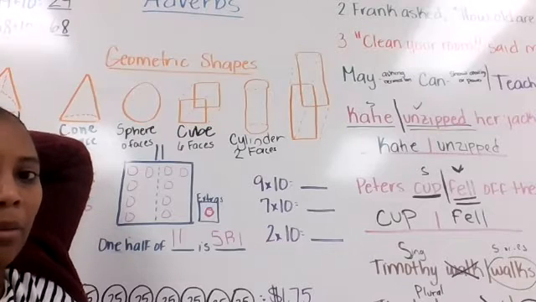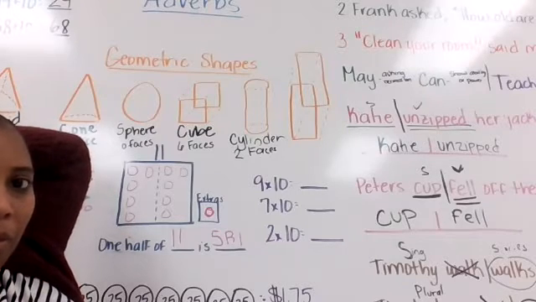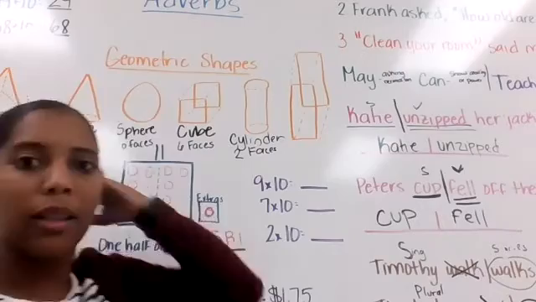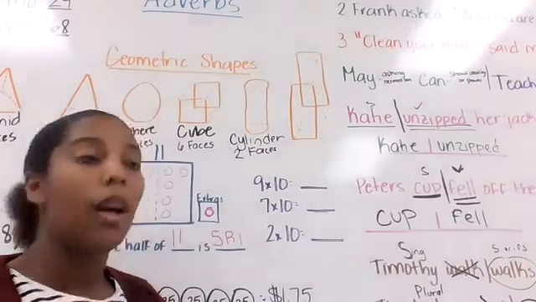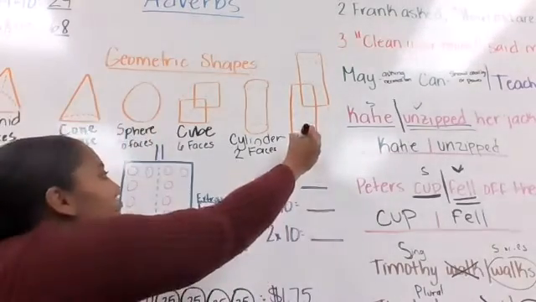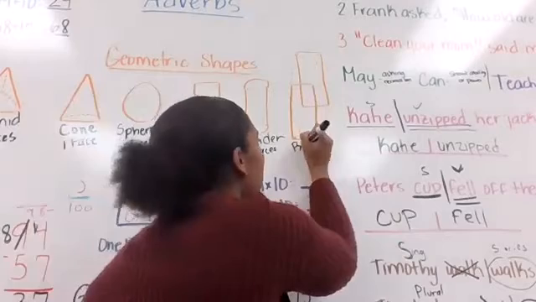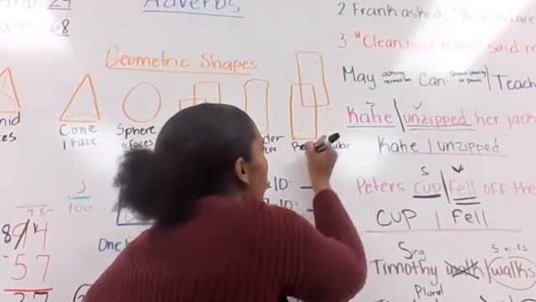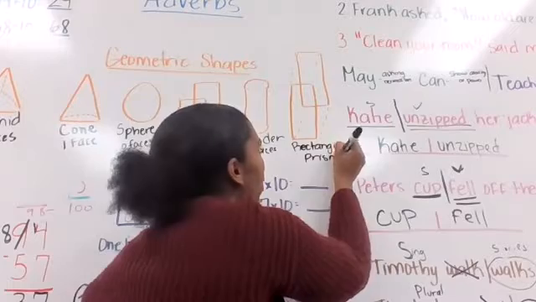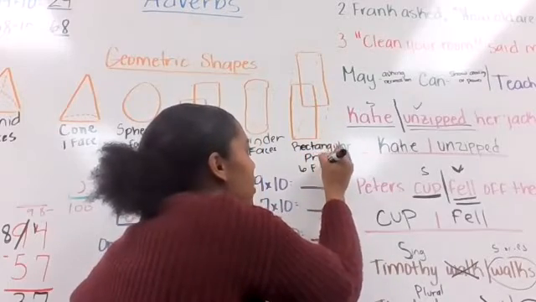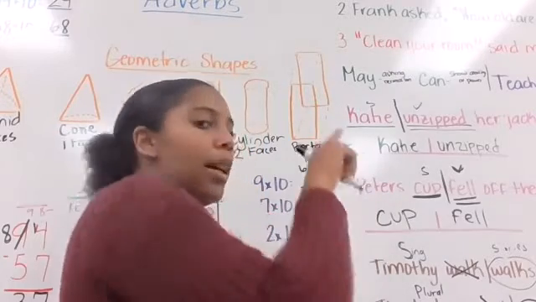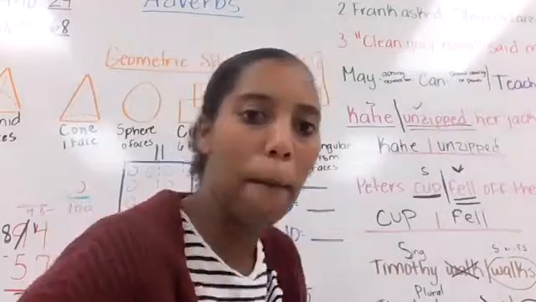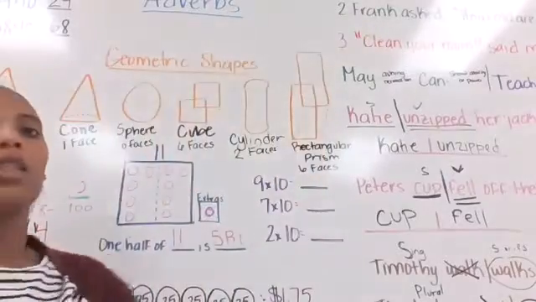A rectangular prism. Good. That is what this is called. Rectangular prism, because as you can see, it's made from a rectangle. It also has 6 faces, just like the cube. You have your top, bottom, and then it has 4 sides. So these are the geometric shapes.